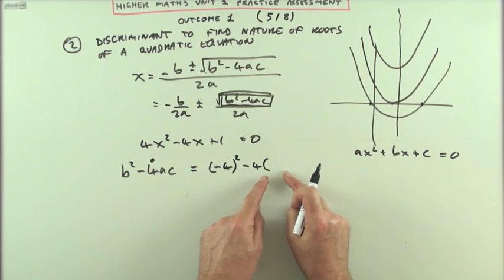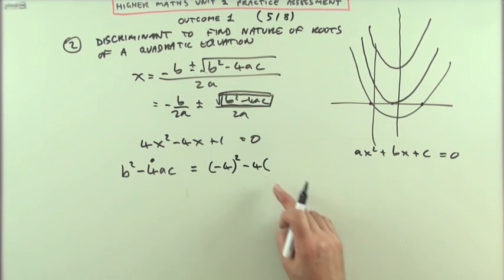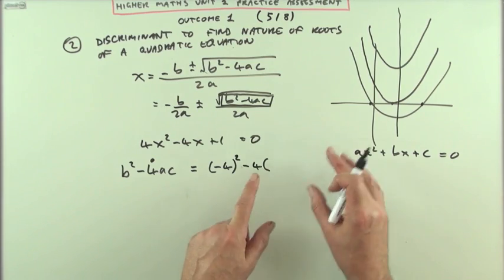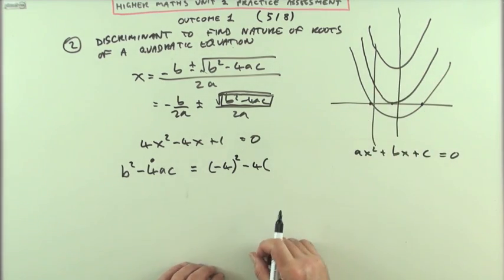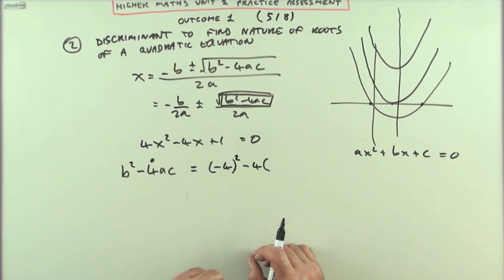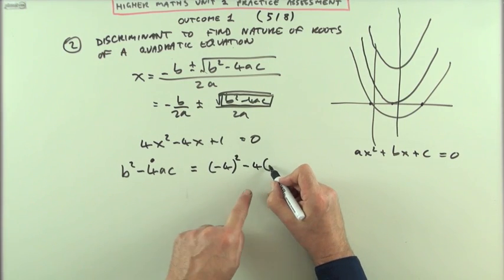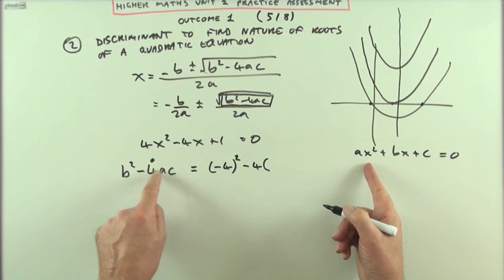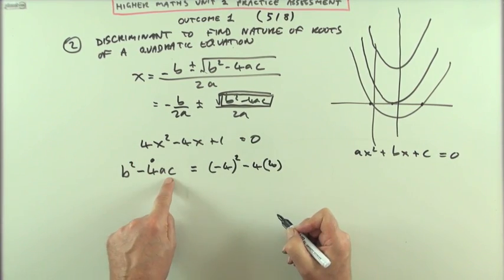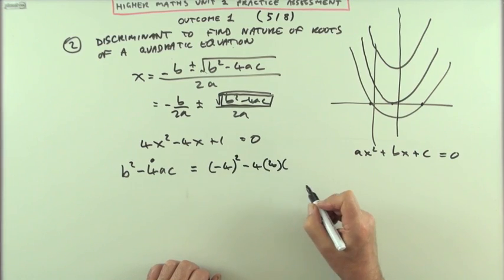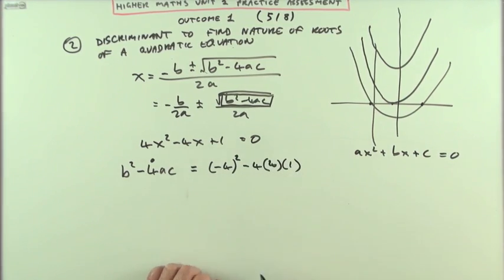It's always handy to use brackets for the individual parts of the products, especially later on in a real question, where you've got algebraic expressions instead of just simple little integers. 4 times the coefficient of the first term, times c, which is the absolute coefficient, the number at the end.